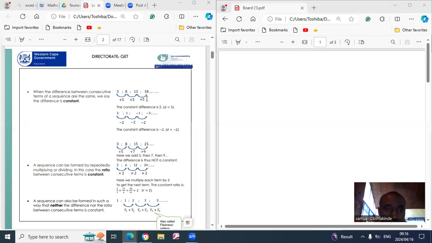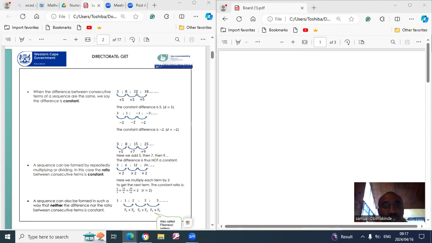If you look at the difference between any two consecutive terms here, it will be 5. For example, the difference between the second term and the first term will be 8 minus 3, which is equal to plus 5.